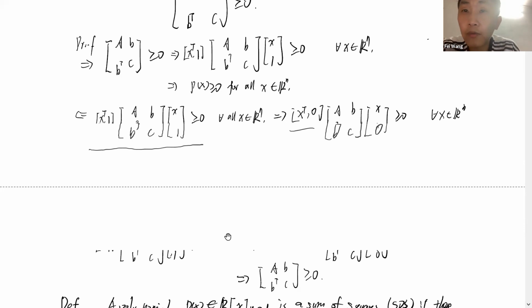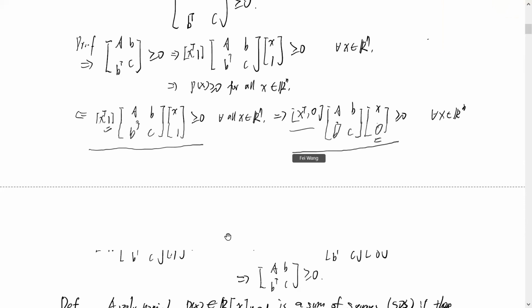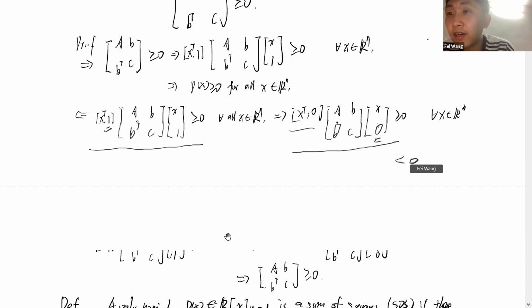Why? Here we have 1, here we have 0. This is 1, but this is 0. That's because if this thing is strictly negative, then I can perturb this 0 by an arbitrary small epsilon, and it will still be strictly negative.